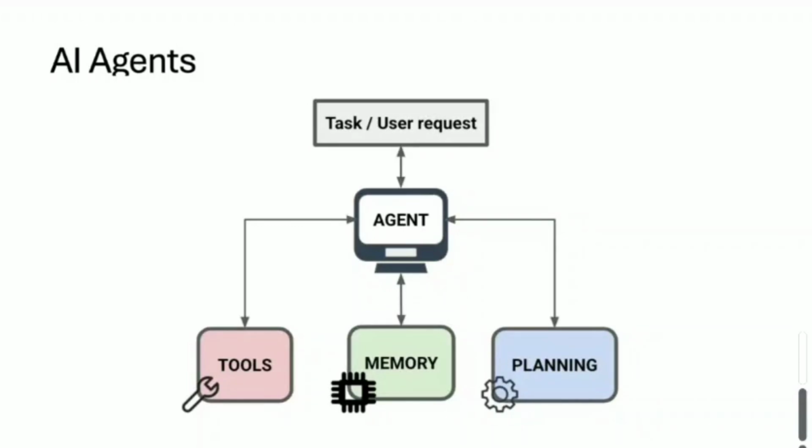So the agent also has context on which to operate. And the agent is able to do some planning. Planning is what we call orchestration. That is, it first arrives at steps 1, 2, 3, 4, 5, and then it uses tools and the memory and then it's able to take the action.